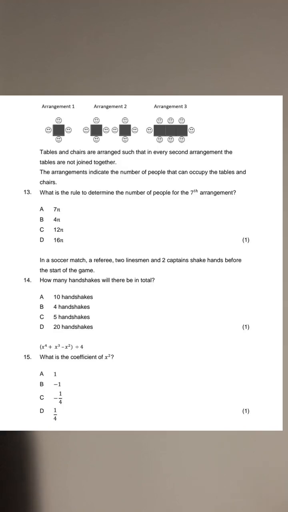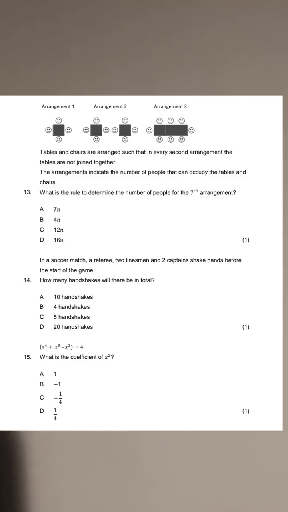Arrangement 1. Okay, guys, we have arrangement 1, arrangement 2, and arrangement 3. And what does it say? It says tables and chairs are arranged such that in every second arrangement, the tables are not joined. No problem, Tyler, it's okay. Guys, as you can see, in arrangement 1, there's that single table.